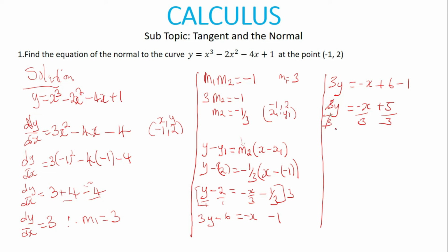And this and that you're going to cancel, remain with y is equals to negative 1 over 3 x plus 5 over 3. So this is what is going to be the equation of the normal. So this is how you find the equation of the normal.